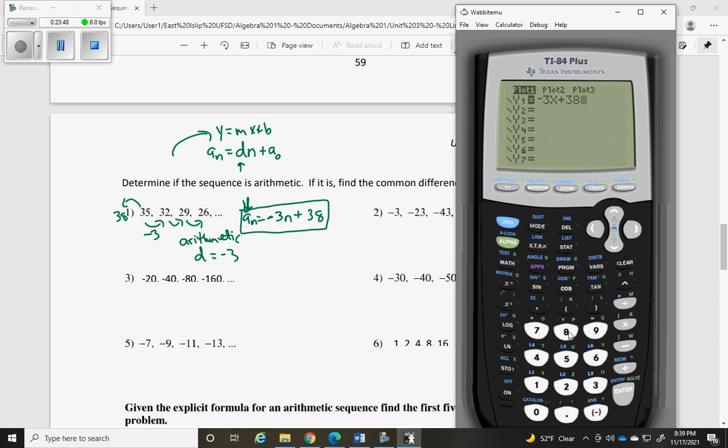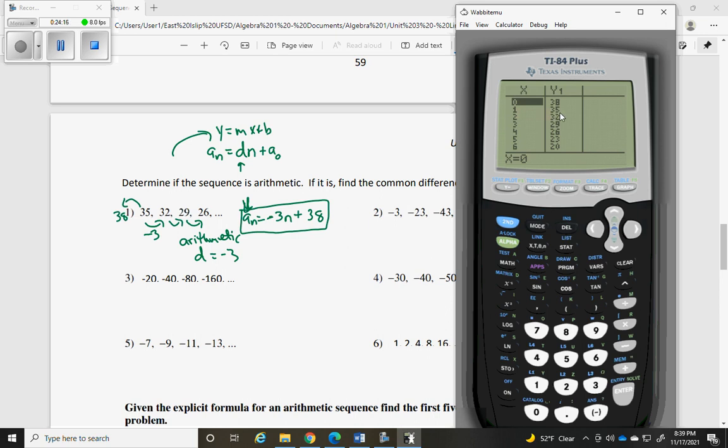Now, how does this help me see if I wrote a correct explicit formula? Well, let's go look at our table of values. Remember, to get to the table, it's the second and then the graph button. And think about this x column here is telling you first number in line, second number in line, third number in line. So when x is 1, it tells me my first number in line should be a 35.